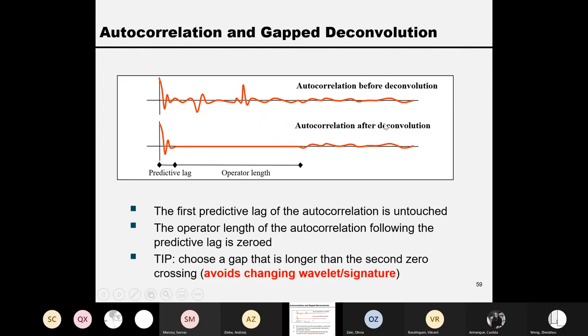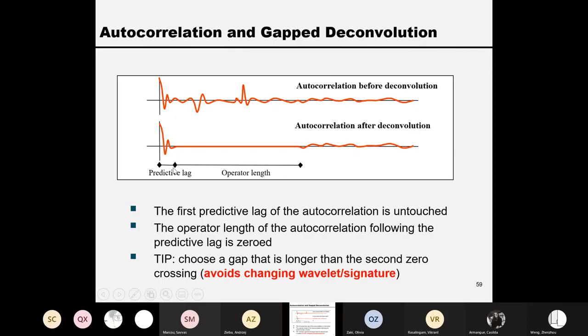Now your desirable output will look like this. After the deconvolution, if we do autocorrelation, you will see the first part, which is the source signature, the W(t), was untouched. So we keep this untouched, right? So this is called gap. Gap means from time 0 to here, you will not do anything. You have a gap here.